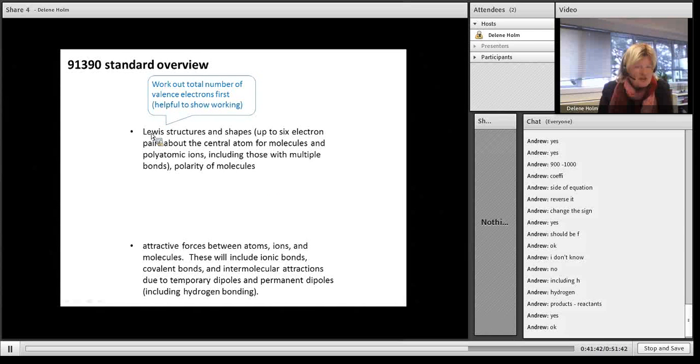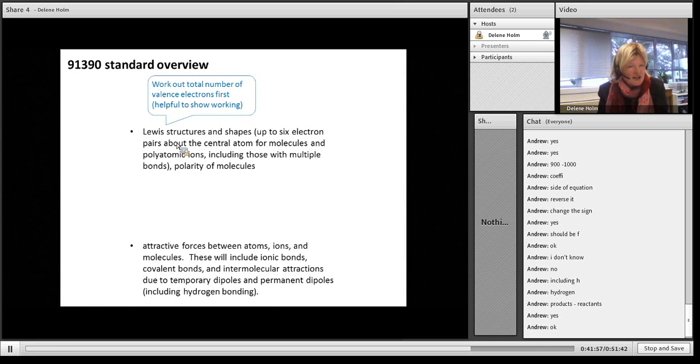So points to remember, Lewis structures, the first thing you do is always work out your valence electrons. So you look at the element in the molecule or ion, see what group they're in. Say it's xenon trioxide, XeO3: xenon is in group 18, so it has 8 valence electrons.